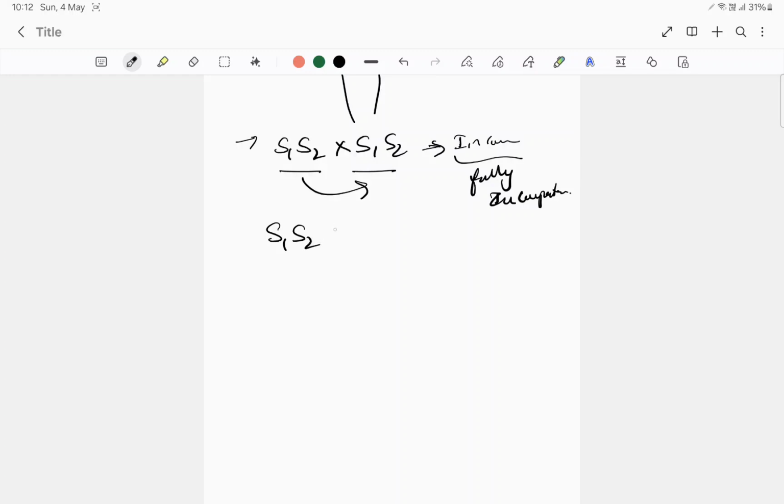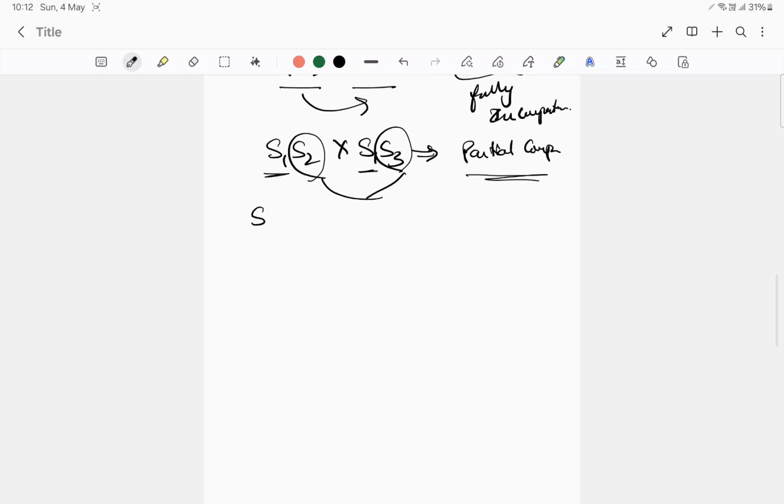For example, S1 S2 is crossed with S1 S3. These are partially compatible, right? Because the S1 gene is common, while S2 and S3 are two different genes. So this is partially compatible. For example, S1 S2 with S2 S4 is also partially compatible, because S2 is common here.